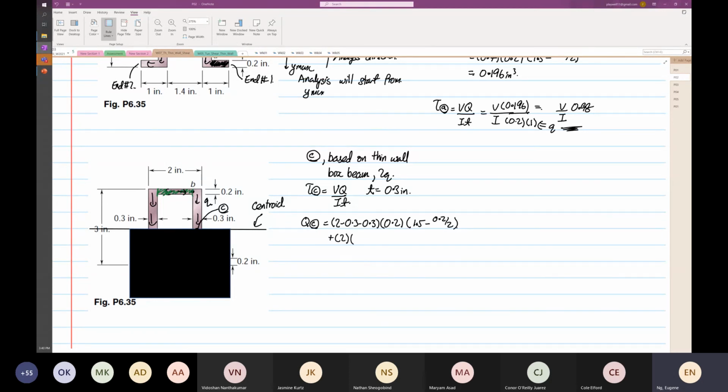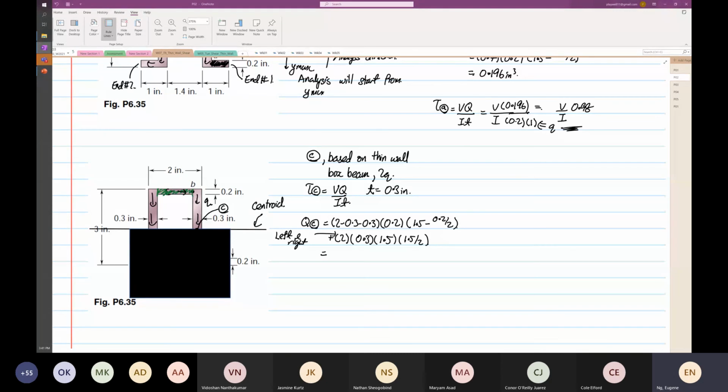plus 2, multiply by the width, multiply by the depth, multiply by y bar divided by 2. Right, so this over here is for left and right. Okay, so this will be equal. The first one is 2 minus 0.3 minus 0.3 times 0.2 times 1.5 minus 0.1, close bracket.